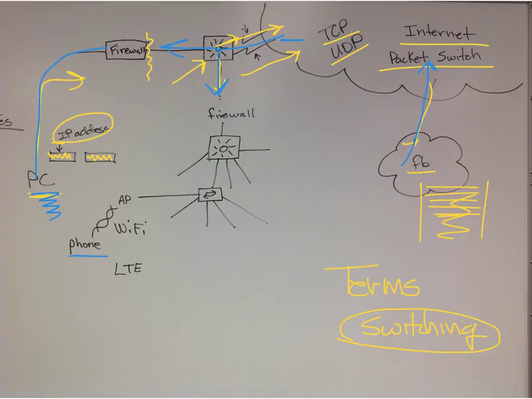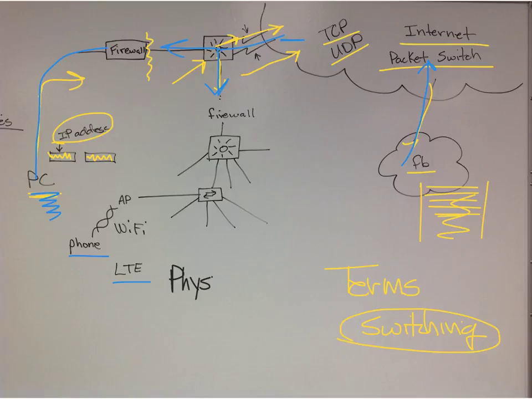Same thing occurs from your phone when you're connecting, and it creates the packets, and the packets are kept track of by those. Actually, we talked about two major types of addresses.